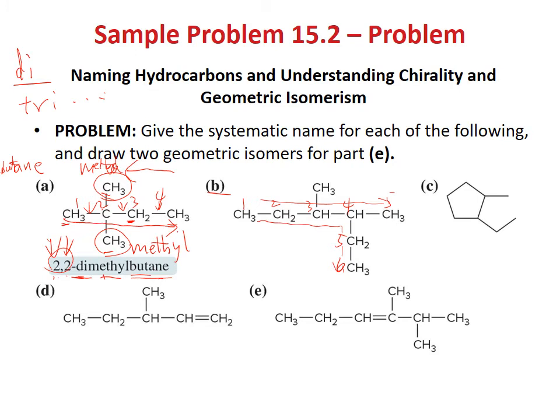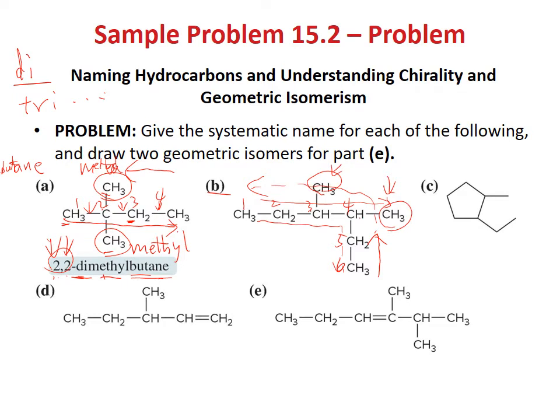Number 3 has a methyl group. Number 4 has a methyl group. Now you may also go this way. If you go this way, you also put number 3, number 4, 2 alkyl groups. So that gives you the same name. All right. So again, you have 2 methyl, so it should be dimethyl, and it's number 3 and number 4.